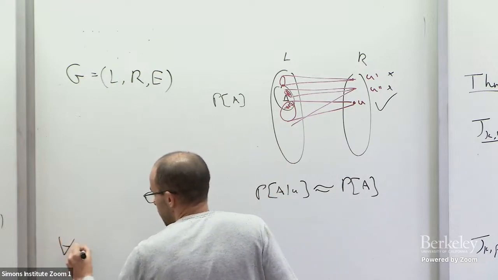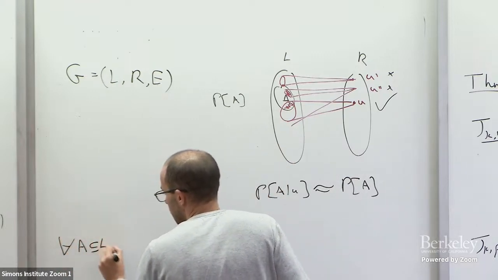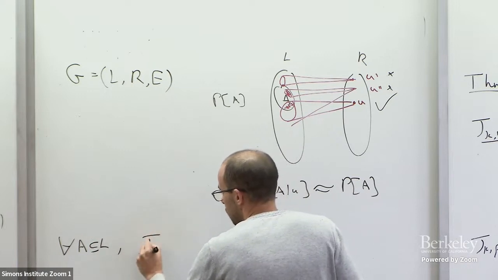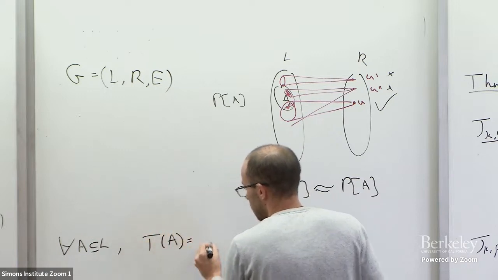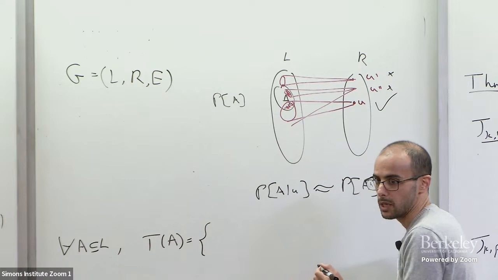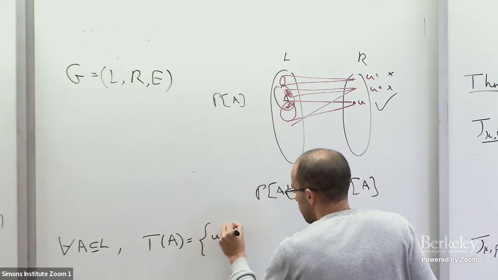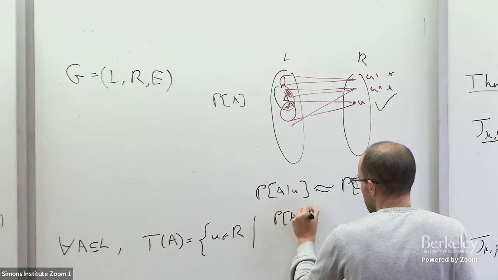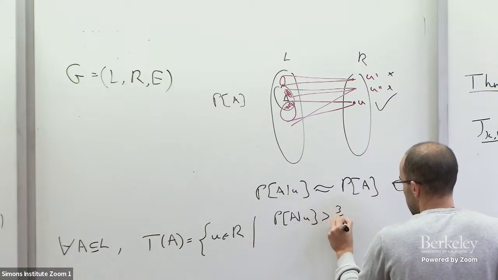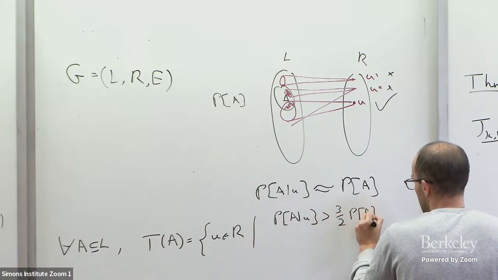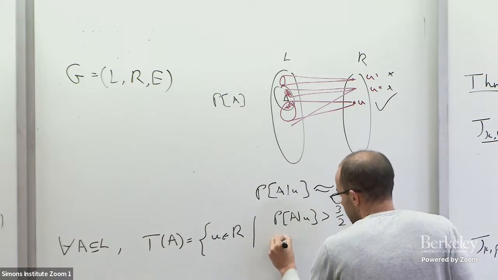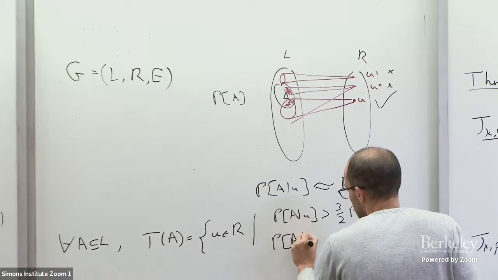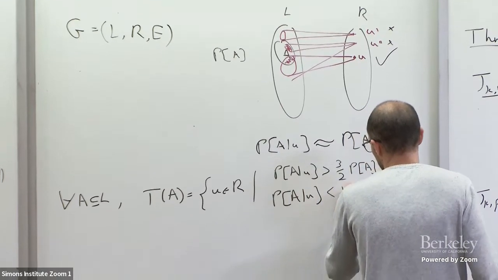For a fixed graph G and some subset A in the left, let's denote by T of A the bad vertices in the right. These will be all the U's on the right side such that inside their neighborhood, either we see A with more than 3/2 its original relative size, or less than 1/2.